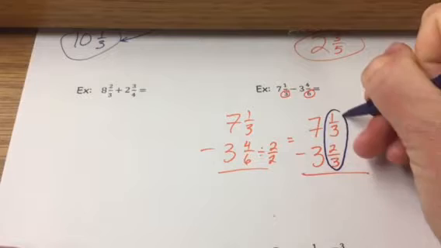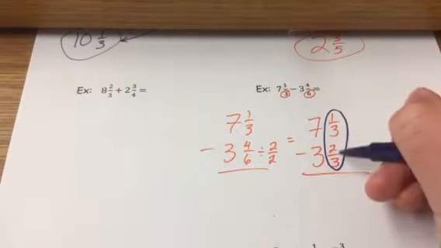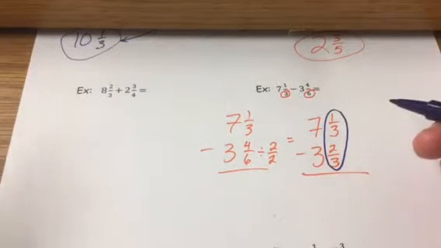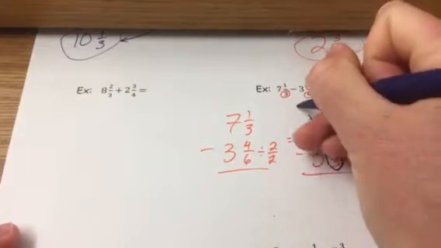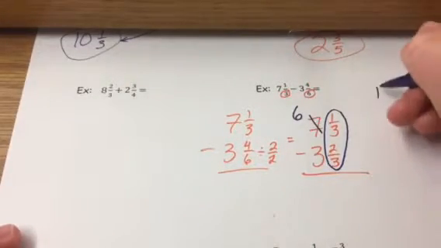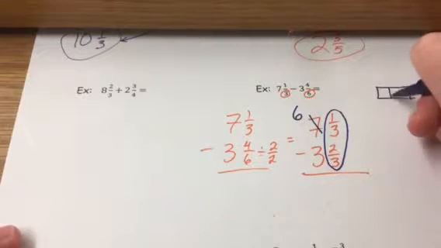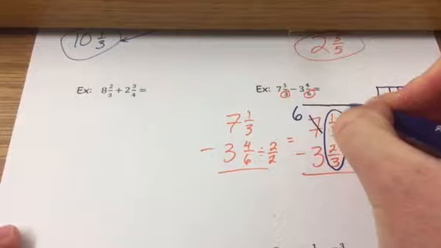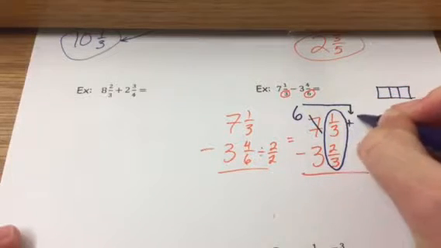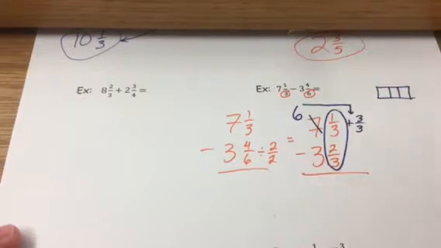Okay, so now I'm going to tackle this problem. I'm going to look at my fractional pieces first. I'm trying to take 2/3 away from 1/3. I don't have enough thirds to be able to do that. So what I'm going to do is take one of these whole things, and one whole thing is comprised of 3/3. So I'm taking just one whole thing, bringing it on over here, and dropping it down as 3/3.